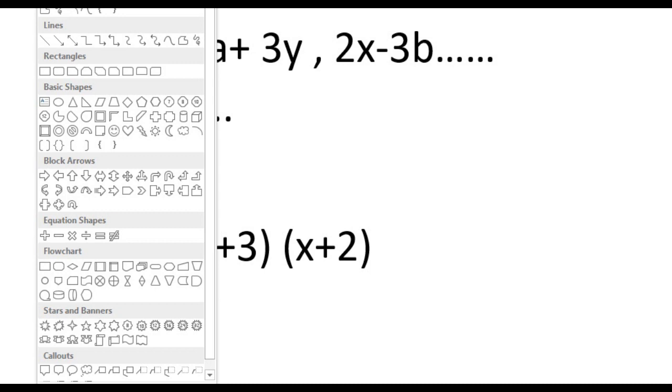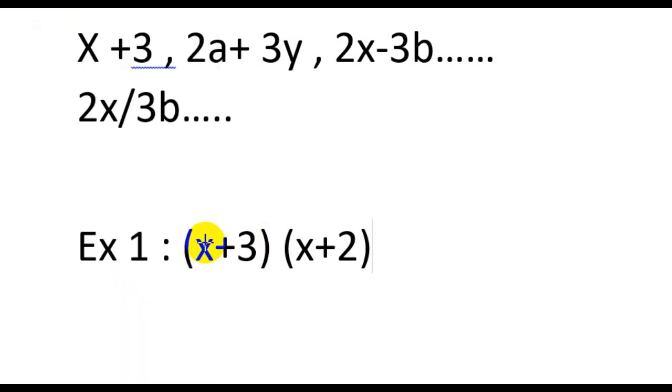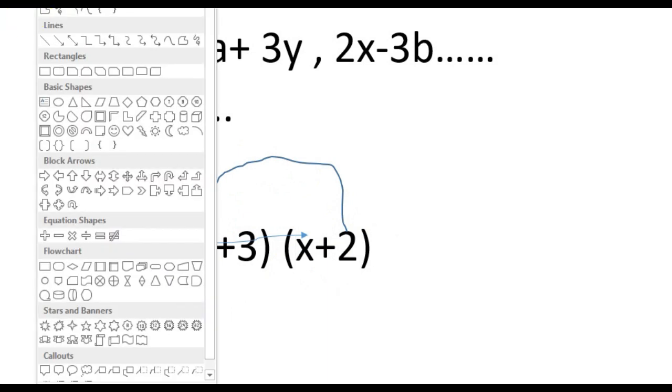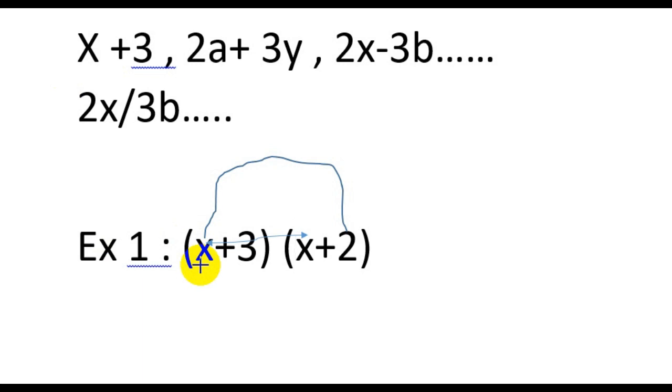which means we multiply x with this x first, then we multiply x by 2, then we multiply 3 with this x, then again we multiply 3 by 2.